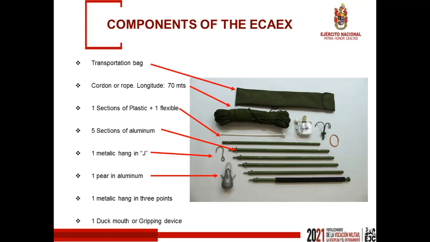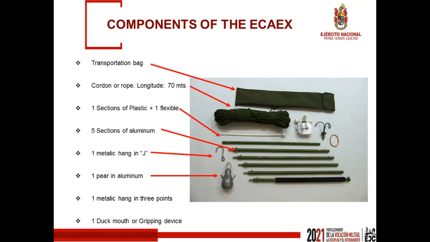So we have the transportation bag, one cord or rope of length 70 meters made in nylon and cotton, one section of plastic plus one flexible section, 5 sections of aluminum.